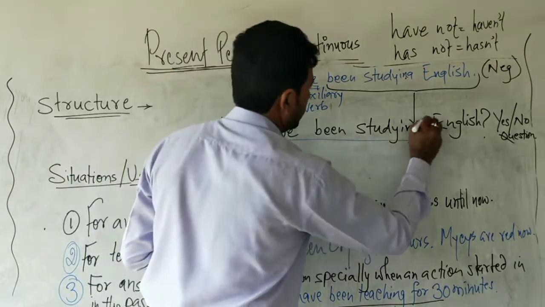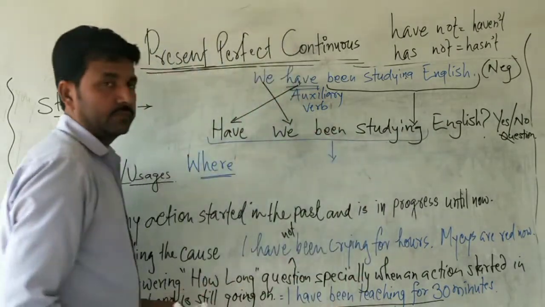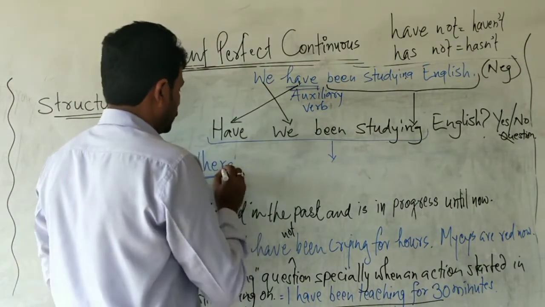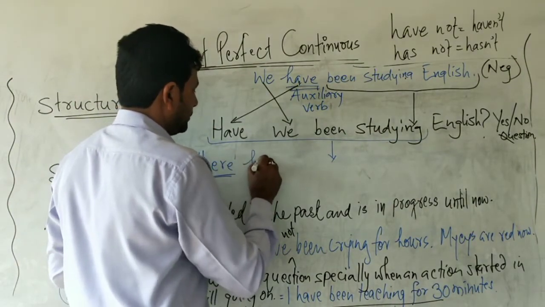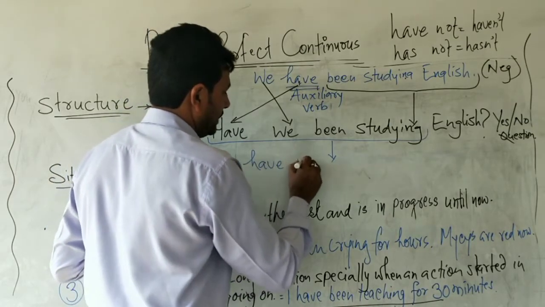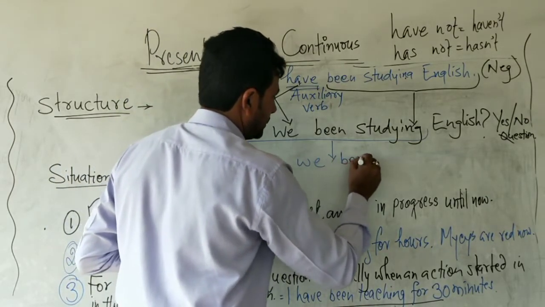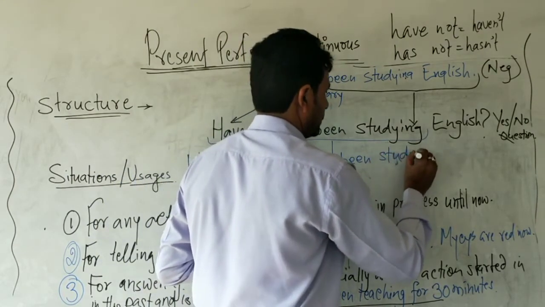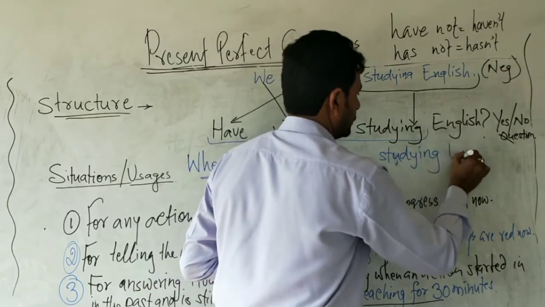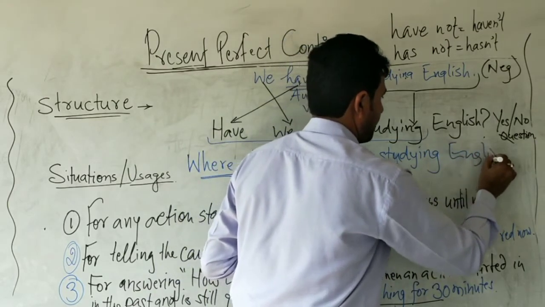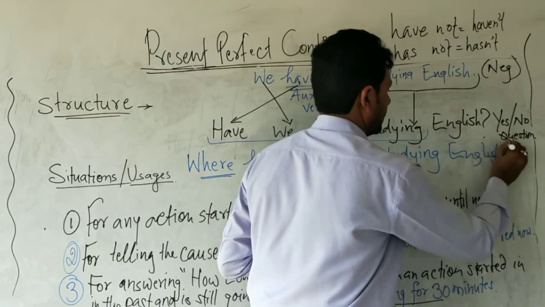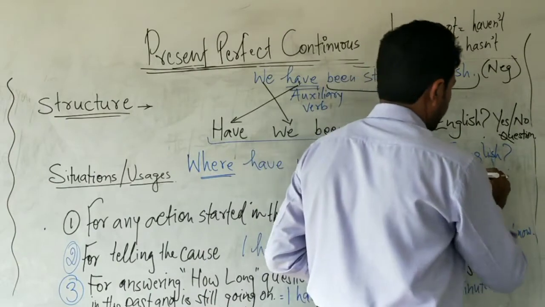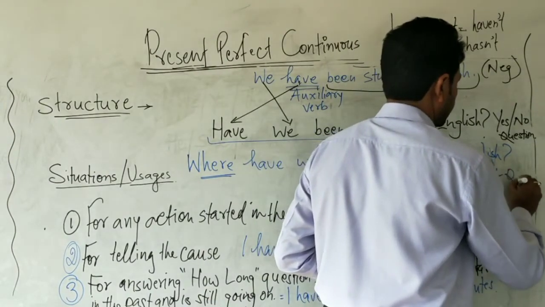So up to here you can drop as usually. So where have we been studying English? English question mark. This is WH question.